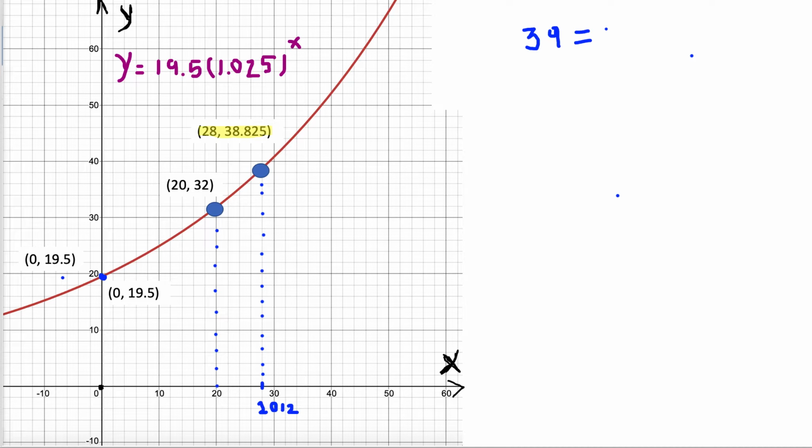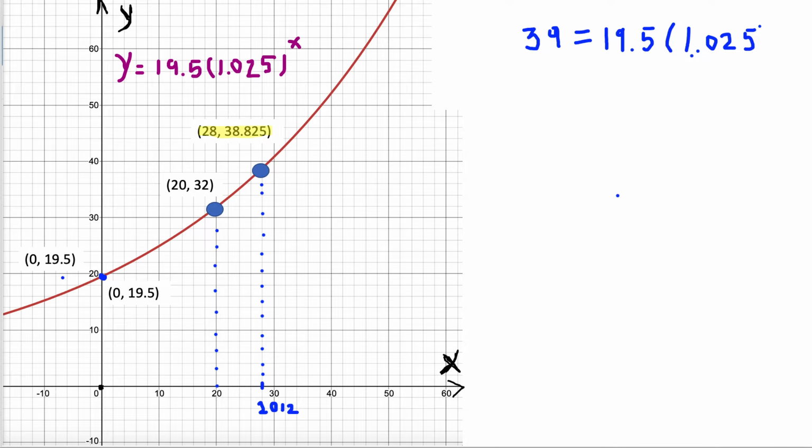So now here is 19.5, and we already know this b factor is 1.025, and in exponent t.